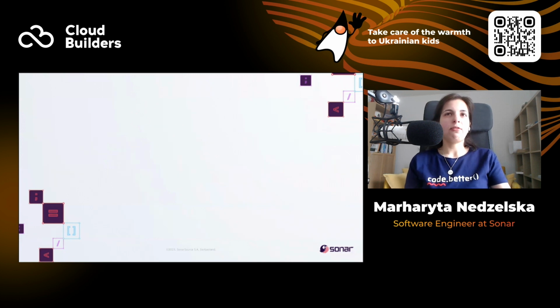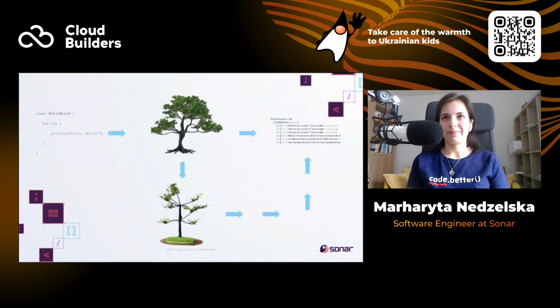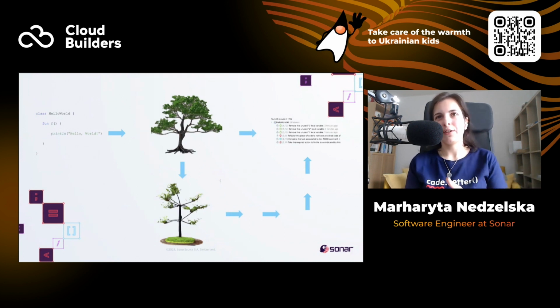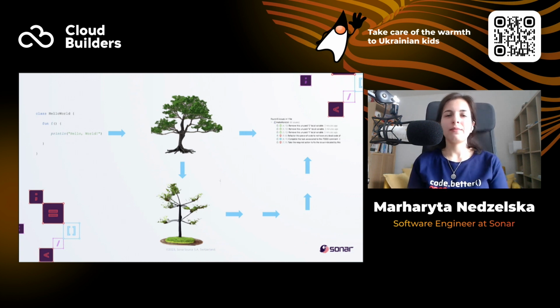So this is what we implemented in the first iteration. In the first iteration, we still continued working with Slang for the old rules, but all new rules were working on the native Kotlin tree. So the result was actually a combination of the old rules and new rules.